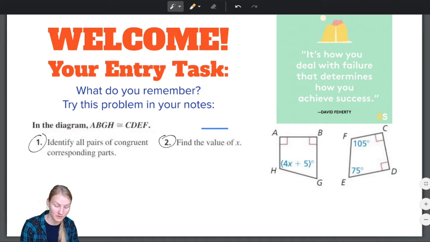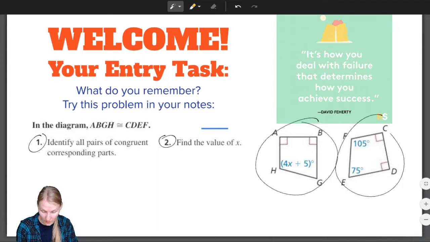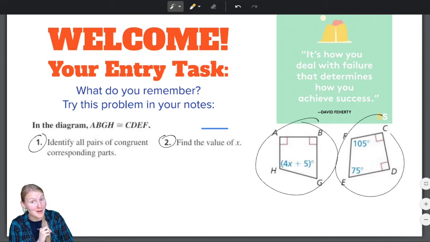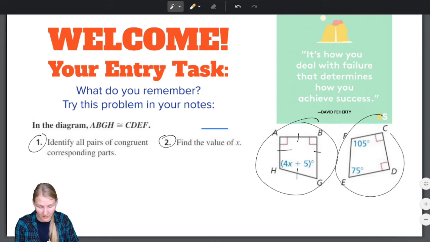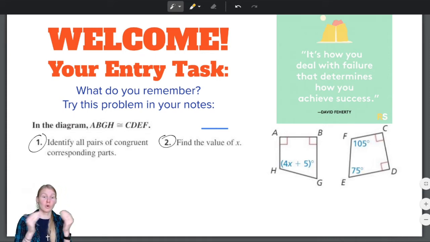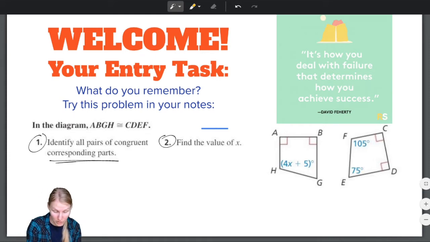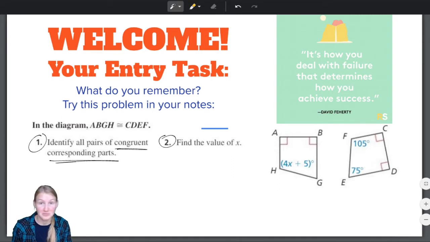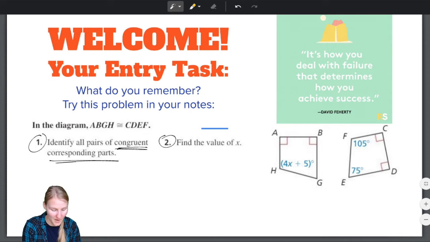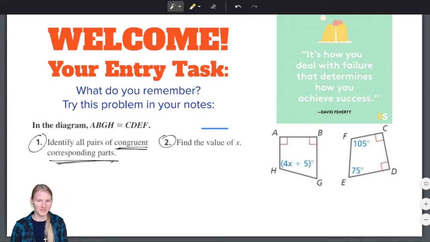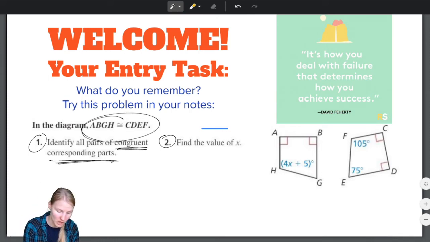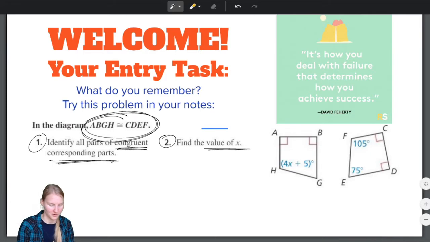This is very important because if these quadrilaterals, because they have four sides, were not congruent, their corresponding parts wouldn't be congruent. So, the reason that we can identify pairs of congruent corresponding parts is because the shapes are congruent. And the reason we can find the value of x is because the shapes are congruent.